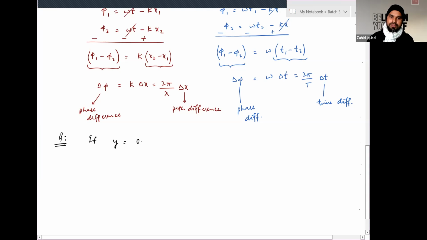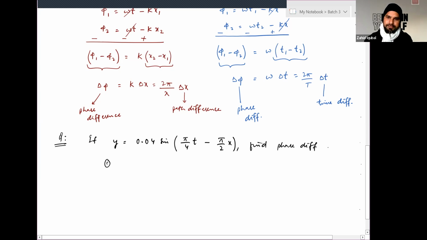If y equals 0.04 times sine of pi by 4 times t minus pi by 2 times x, find the phase difference if delta x is 0.5 meter and delta t is 1 by 4 second.